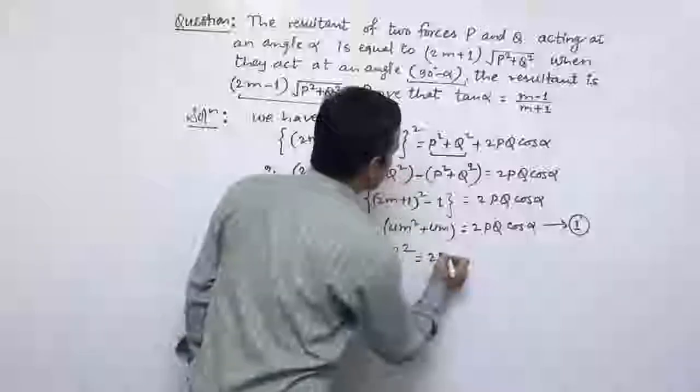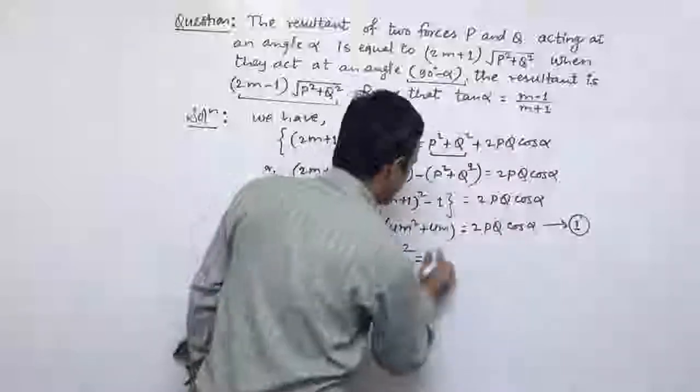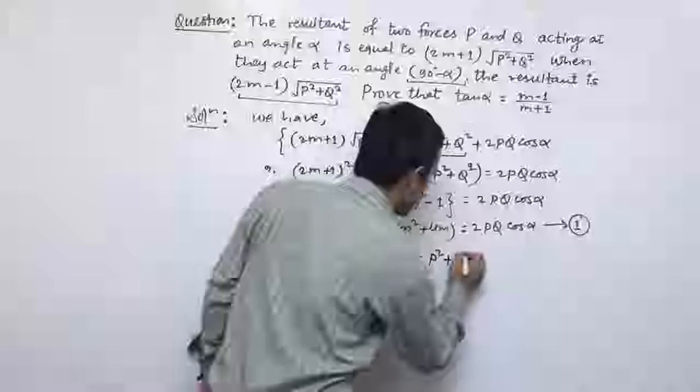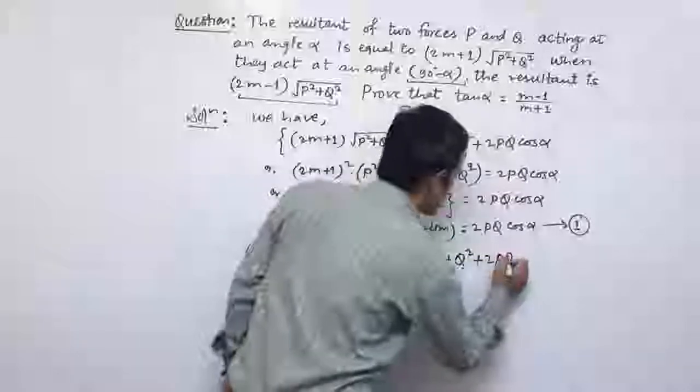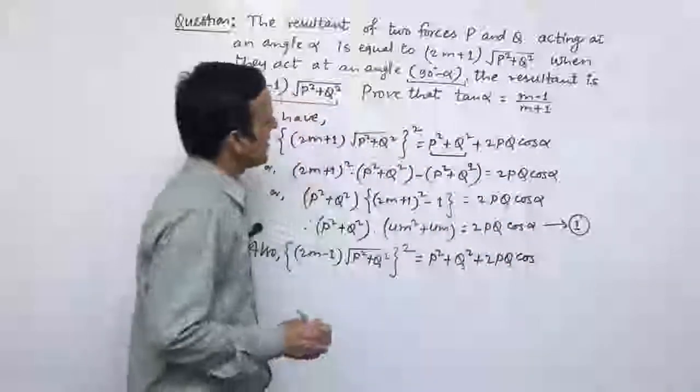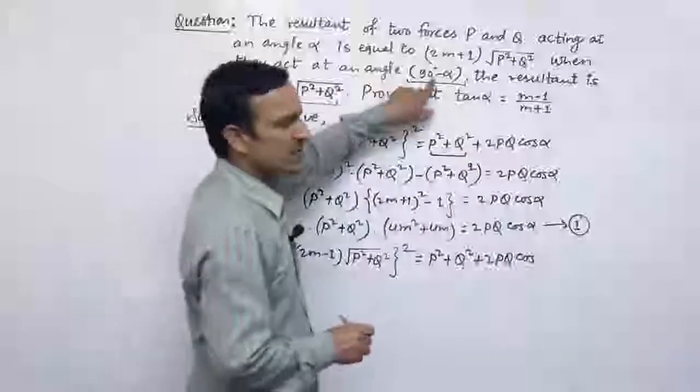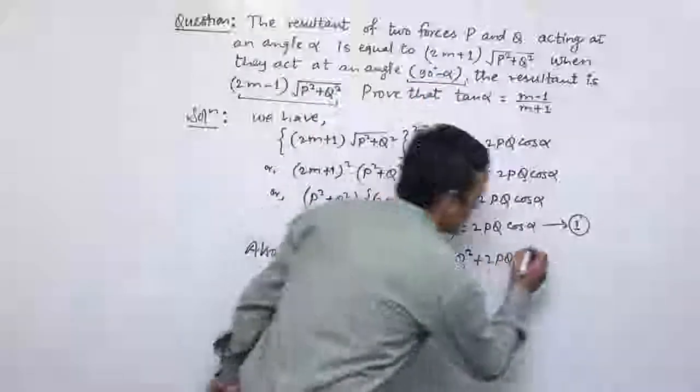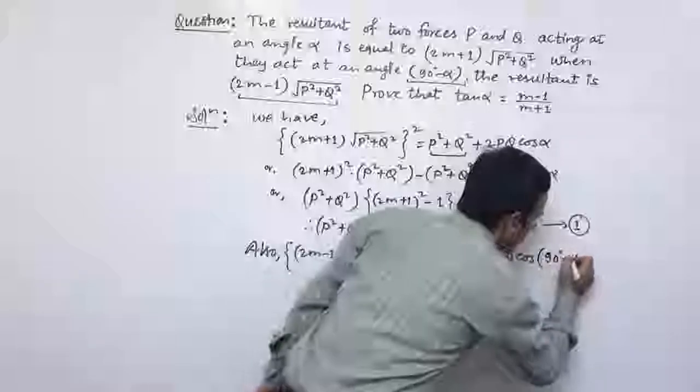The forces are the same, so write down p square plus q square plus 2pq cos alpha. In place of alpha, what is our angle? It is 90 minus alpha. So write down 90 minus alpha.